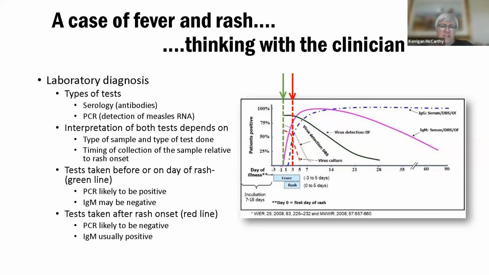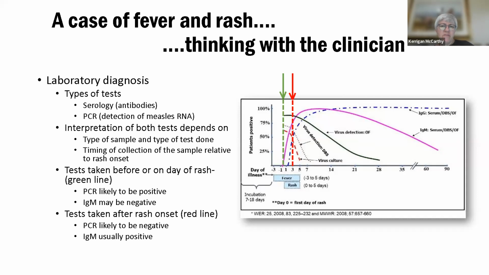But the proportion of patients who have a positive IgM in serum will be very low on the day of presentation of the rash. And so it stands to reason that if you want to get the best diagnostic result from measles testing, you need to understand where the patient is relative to the onset of the rash.